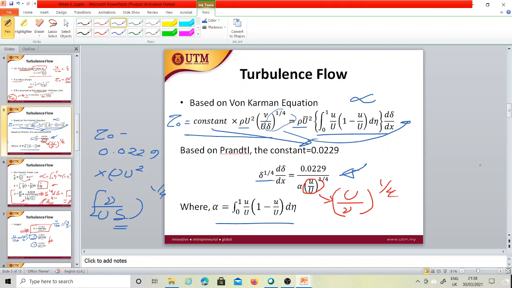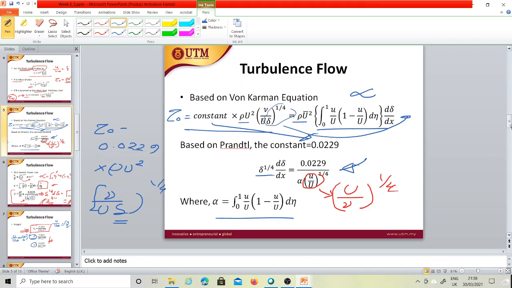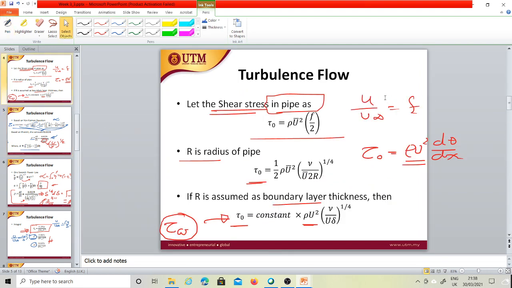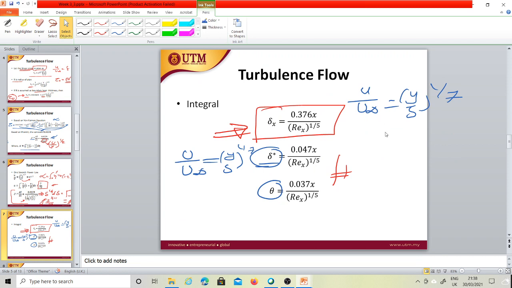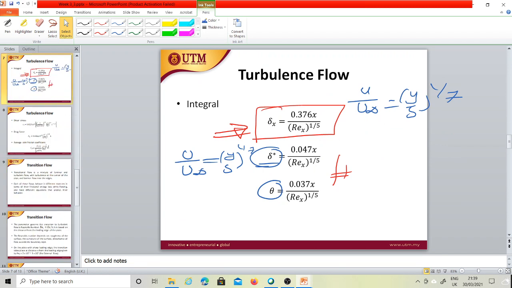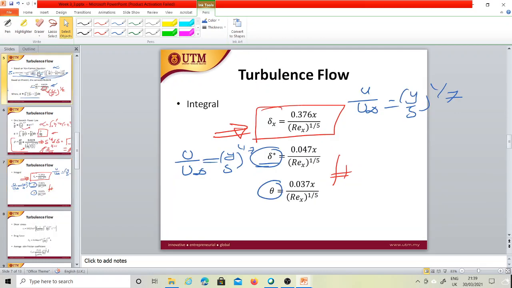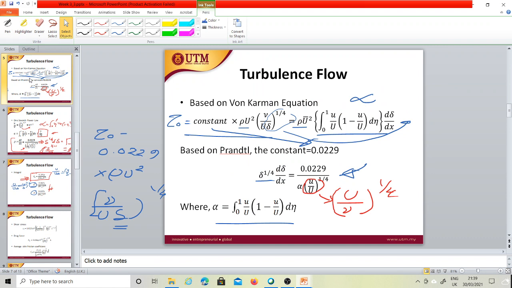The value of delta in this case is 0.376x divided by Re_x to the power 1/5. So if you substitute this value here, what will you get?